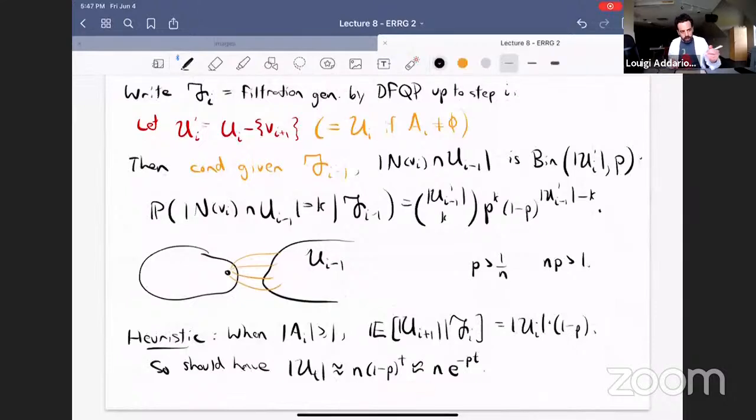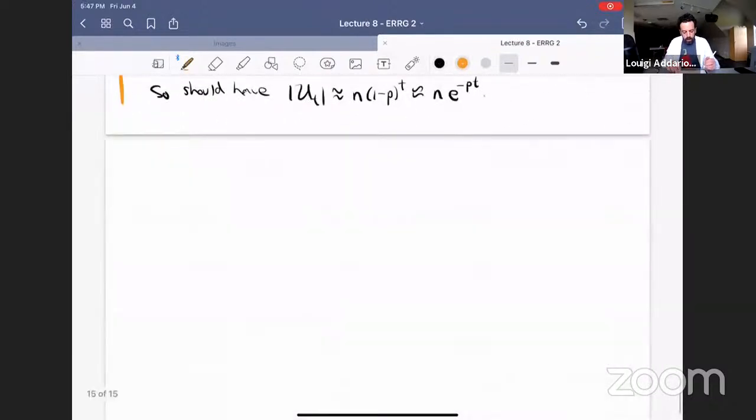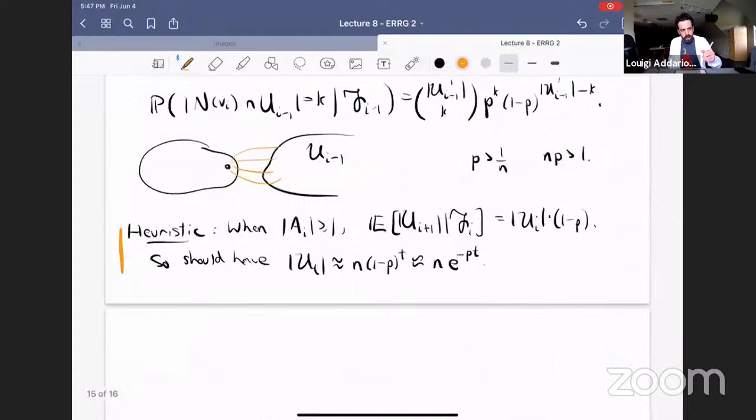And so now, if you are willing to stick with me on this for a second, we can also try to use this to think about how the active set is evolving. Using that, we said that the size of the active set is n minus t minus the size of the unexplored set.